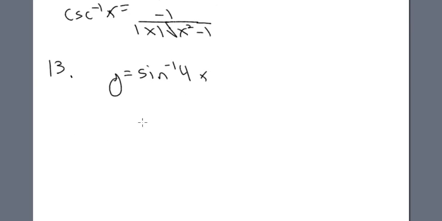So I have 4 on top, and on the bottom is the square root of 1 minus, and then here's the tricky part, the derivative of the inside squared, so 16 x squared. So tricky part, don't forget that on the bottom, but that's just our derivative right there.